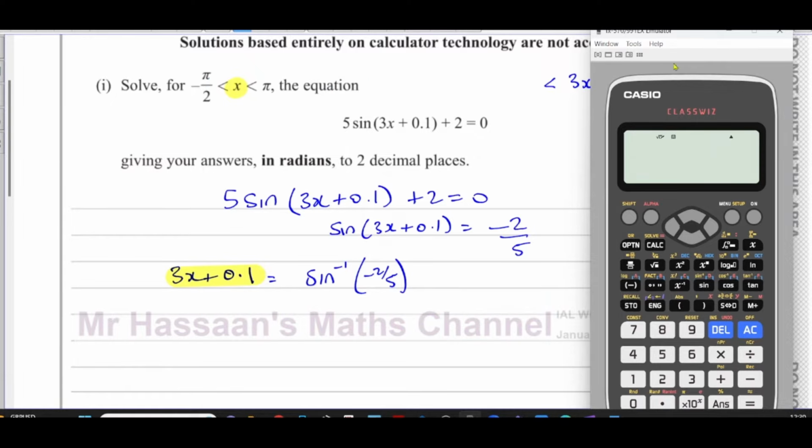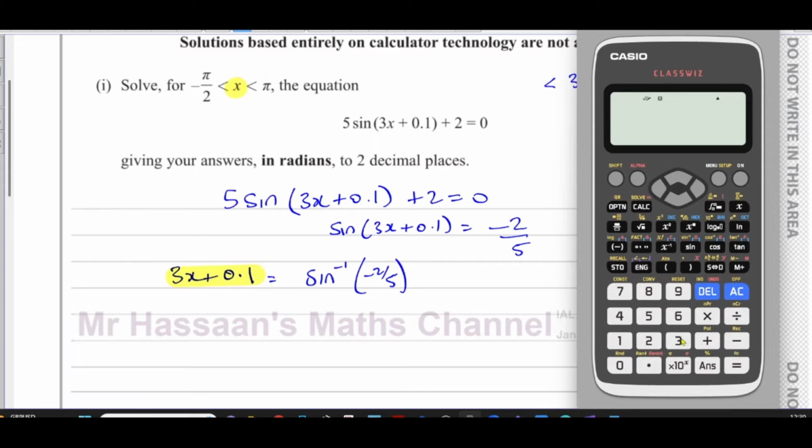I'm going to multiply by 3, so I'm going to do 3 times minus pi over 2, and then add 0.1. That's multiplying minus pi over 2 by 3 and then adding 0.1. That gives me negative 4.6123, so negative 4.612.